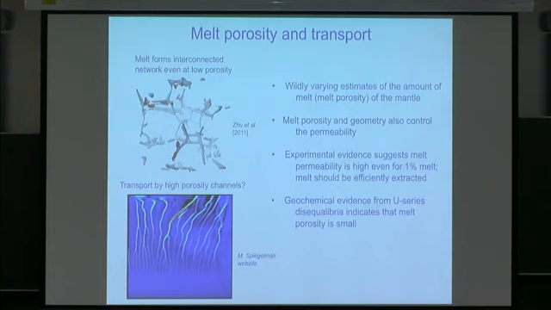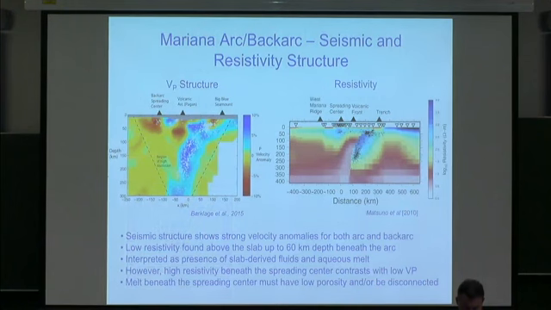There's also geochemical evidence for a relatively rapid movement of melt through the mantle. So together this indicates that we may not expect to see very high melt porosity in the mantle. So is the seismic data actually indicating that we have a large melt porosity in the mantle?